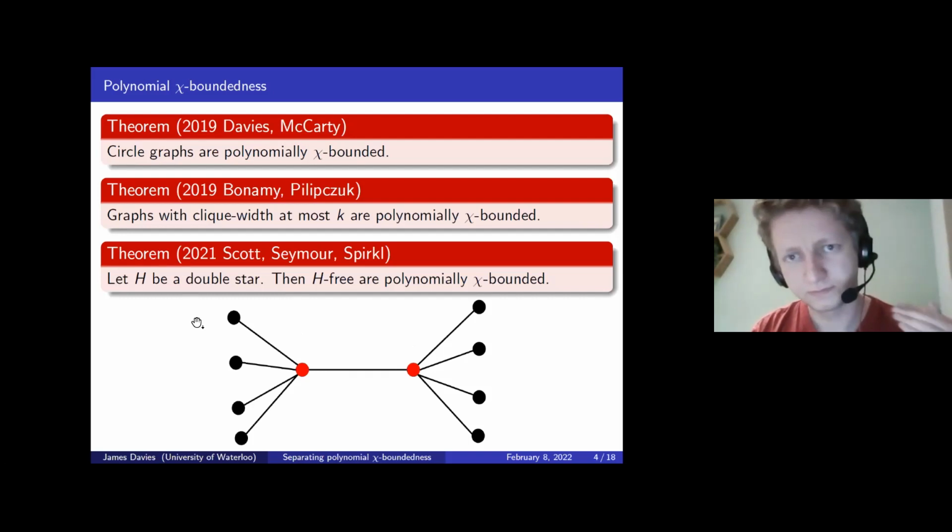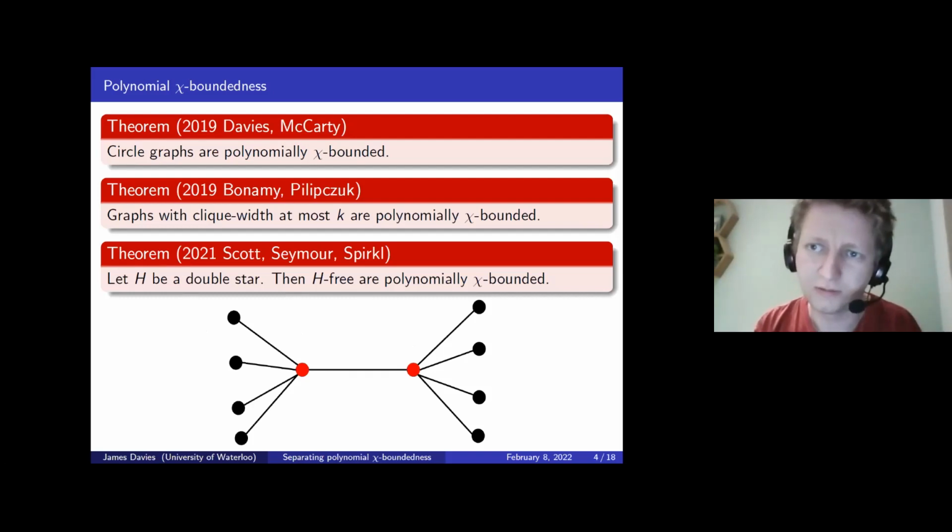So these are all results I like a lot, but something that I always thought was a shame was that we didn't actually know for sure that what we had proved with any of these was actually anything special. Like if this is anything that distinguished them from other chi-bounded classes.